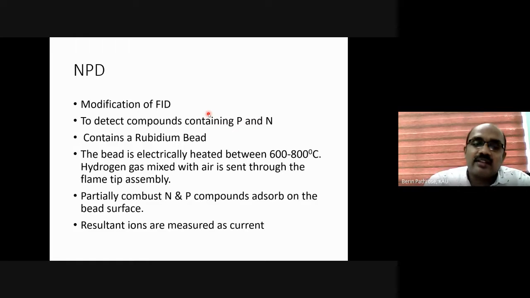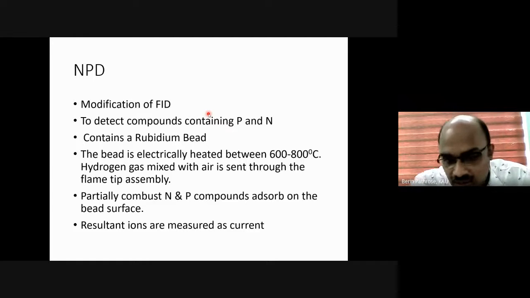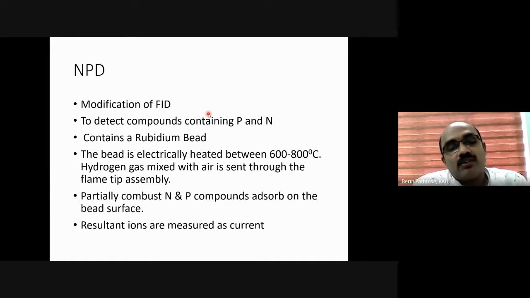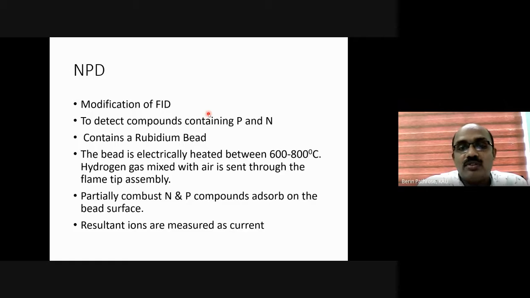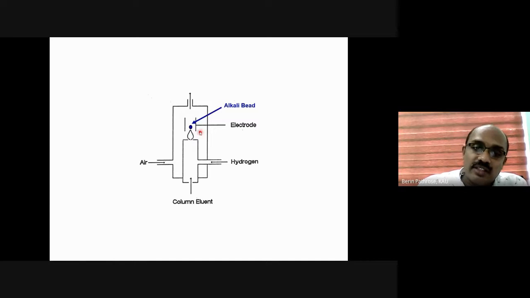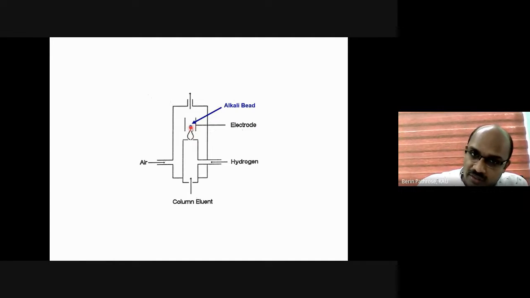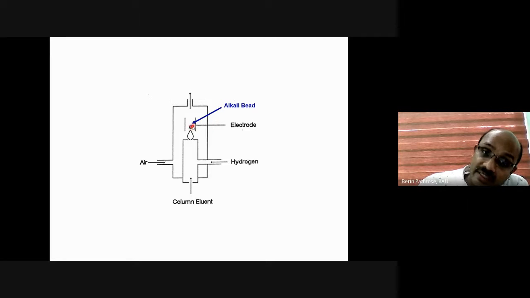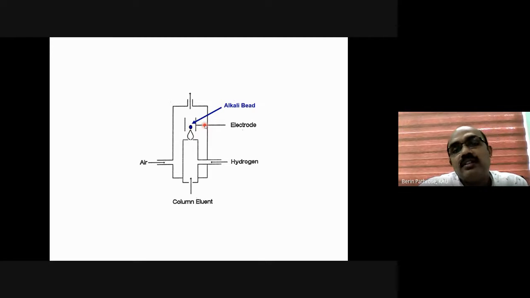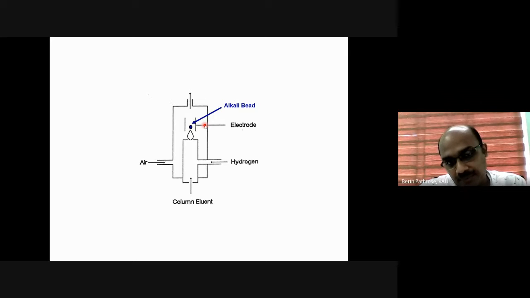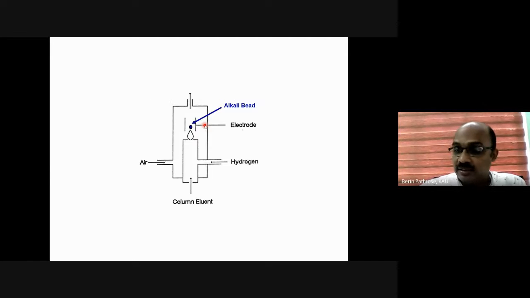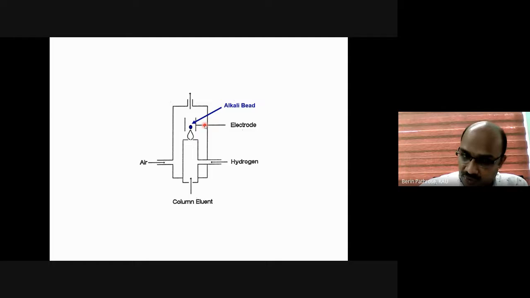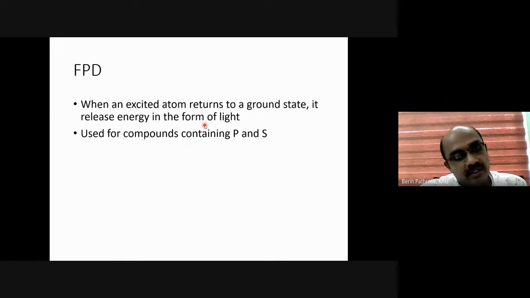So this is a slight modification of flame ionization detector. Those compounds containing nitrogen and phosphorus will get absorbed onto the rubidium bead. It will generate ions, and those ions will be detected by the electrode. This is nitrogen phosphorus detector, a modification of flame ionization detector.